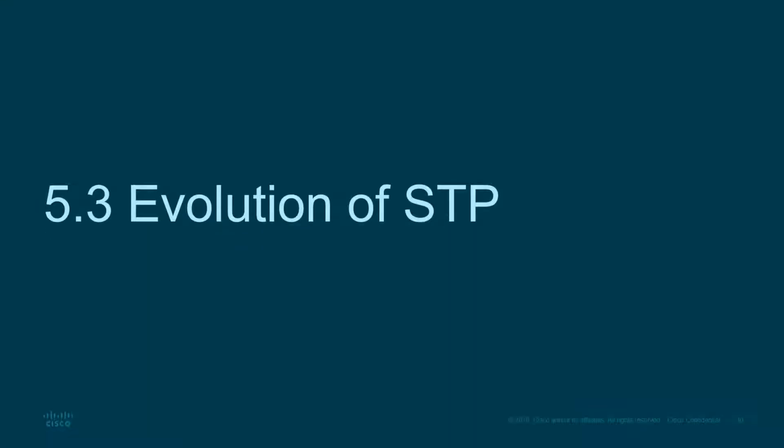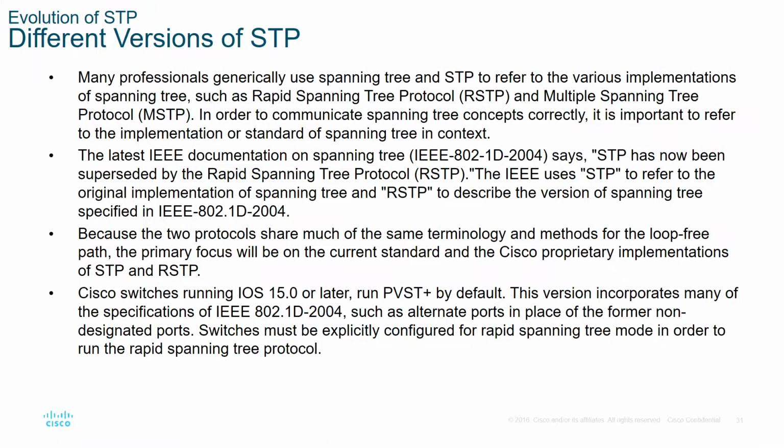So let's have a look at the evolution of spanning tree protocol. There have been different versions of spanning tree protocol. Many professionals generically use spanning tree and spanning tree protocol to refer to the various implementations of spanning tree, such as rapid spanning tree protocol, RSTP, and multiple spanning tree protocol, MSTP.